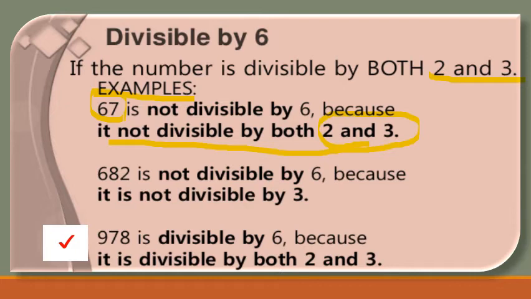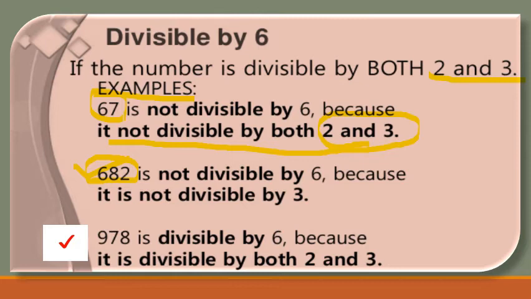In the second example, let us take the number 682. We need to first check if the number is even. Yes, it is even. Therefore, it is divisible by 2. Next step is to check whether the sum of the digits is divisible by 3.